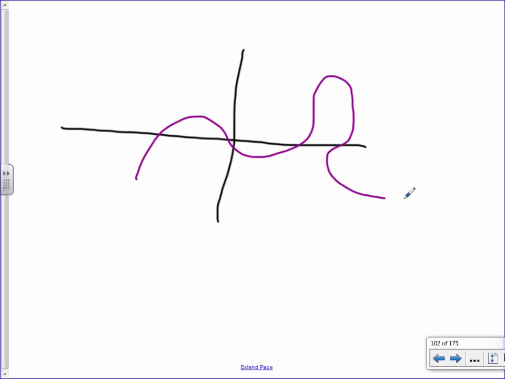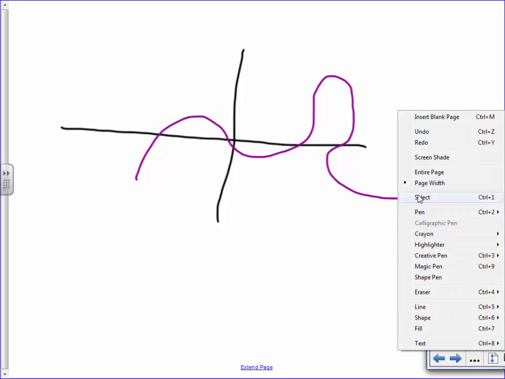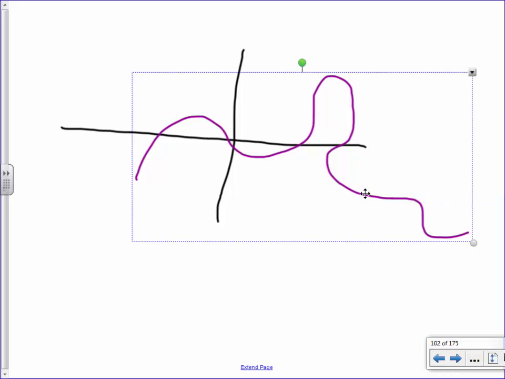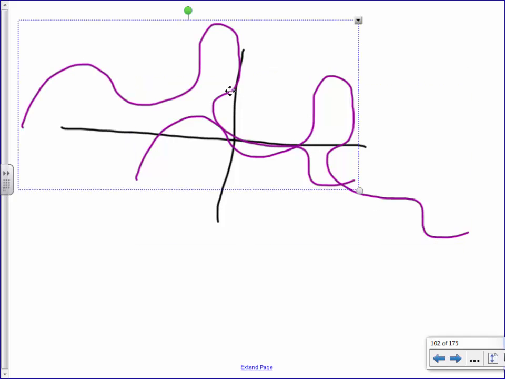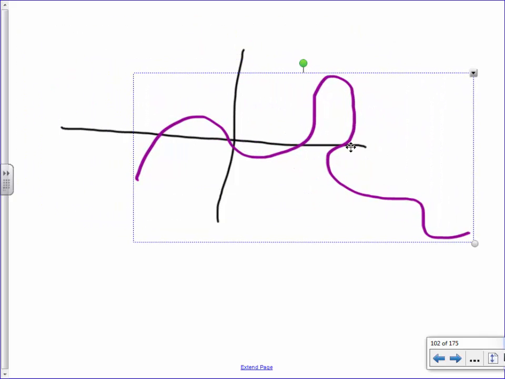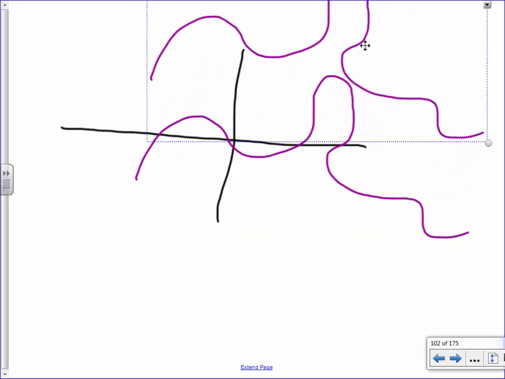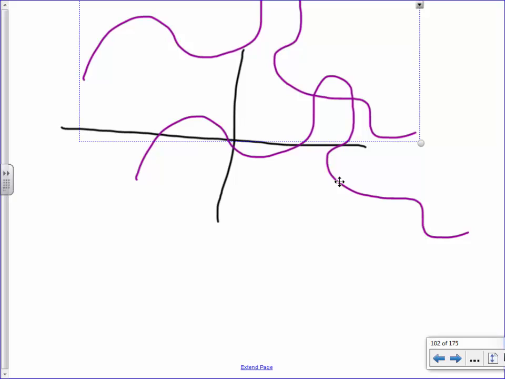Here is a function that I've drawn. That's not even a function, but it'll work. I should be able to select this, copy, paste, and then say, here's where it should have been. All of these graphs should be moved up 9 and over 2, and that's where the graph would be. Does that make sense?